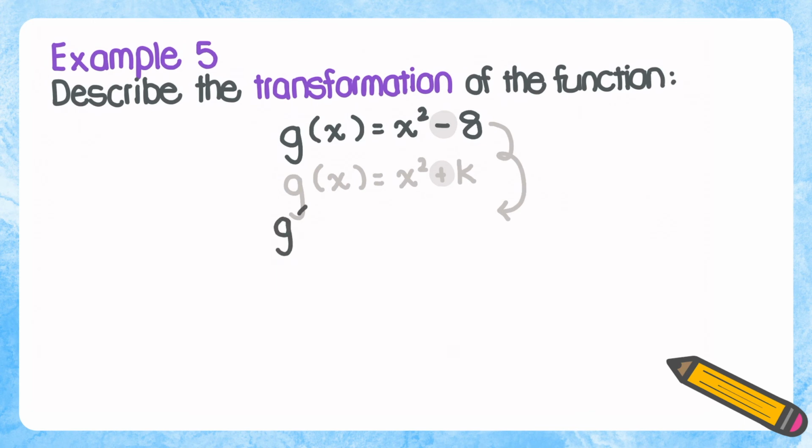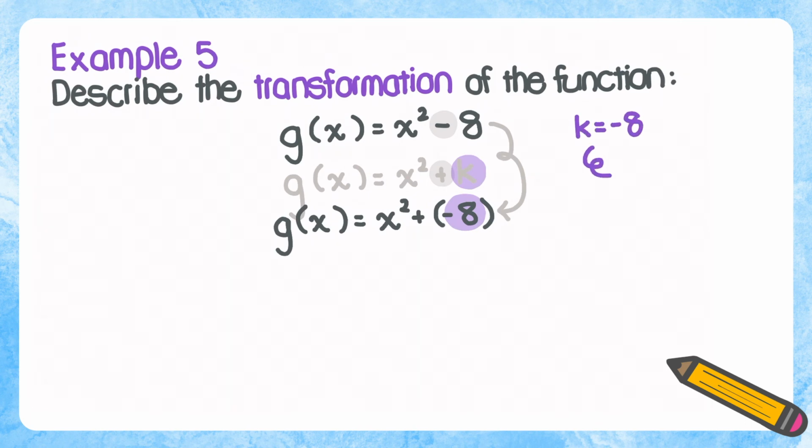So we rewrite it as g of x equals x squared plus negative 8. k is replaced by negative 8, so k equals negative 8. We have to move down.